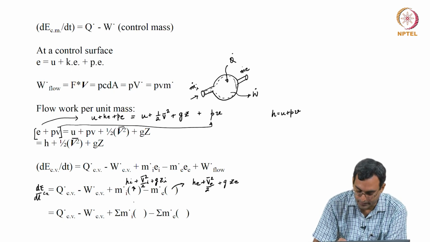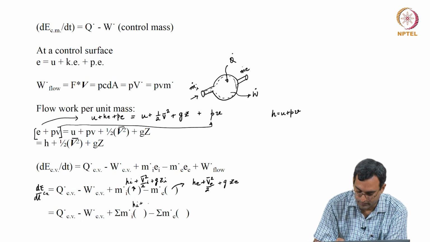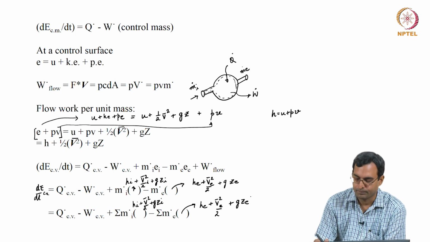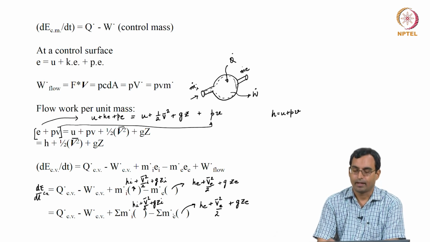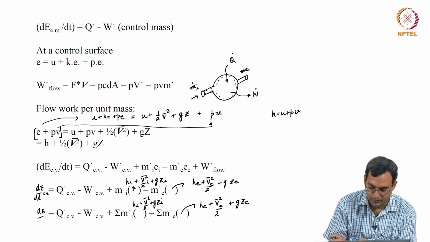Inside this would again be a similar kind of term, enthalpy plus kinetic energy plus potential energy, and here we will have a similar kind of term: kinetic energy at the exit, enthalpy at the exit and potential energy at the exit. If we have multiple outlets and multiple inlets, at each exit whatever is the corresponding value, we need to multiply that by the corresponding mass flow rate at that exit and at that inlet. So, this would be the general form of the first law for a control volume.